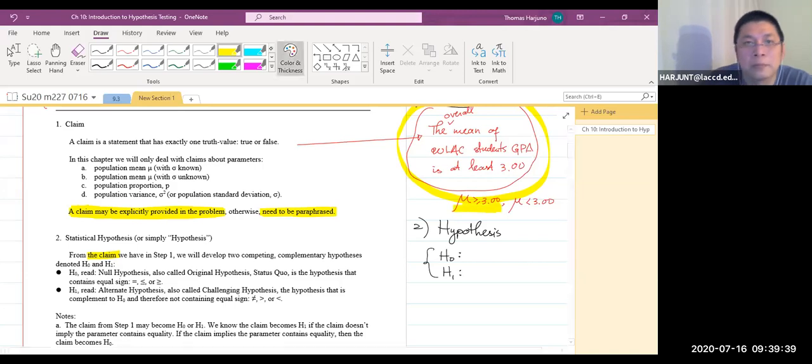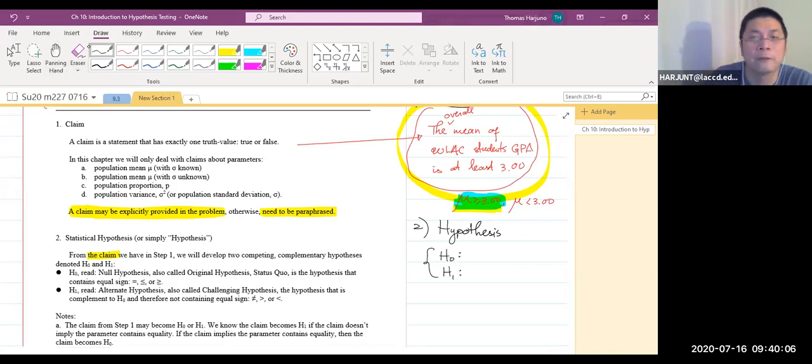This is the claim. Now, from that claim, because it can be true or false, but not both, not neither, either one of these two hypotheses will be true. Either it's greater than or equal to 3.00 or strictly less than 3.00. There are two of them.